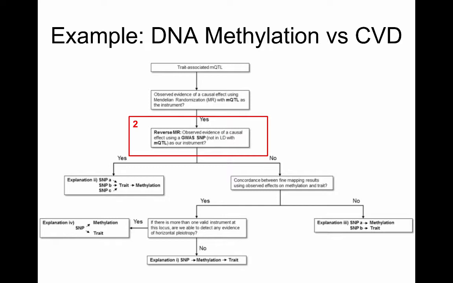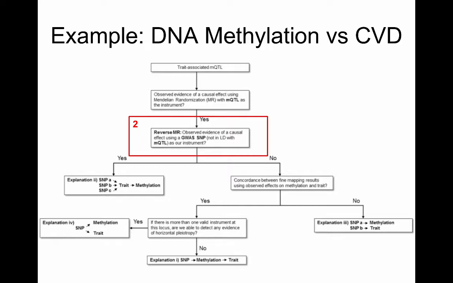The question we ask here is whether the phenotype also had an effect on methylation. That's scenario number 2. Here, we will use a different instrumental variable, and those could be SNPs in other datasets that had been shown to cause variation in those cardiovascular phenotypes.